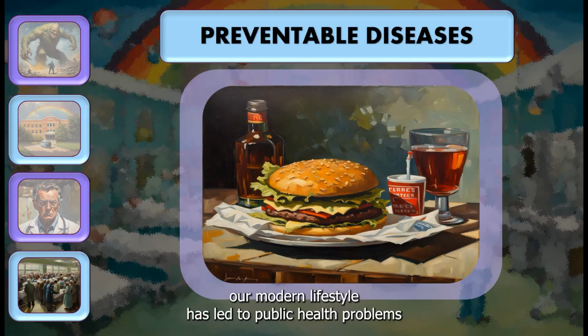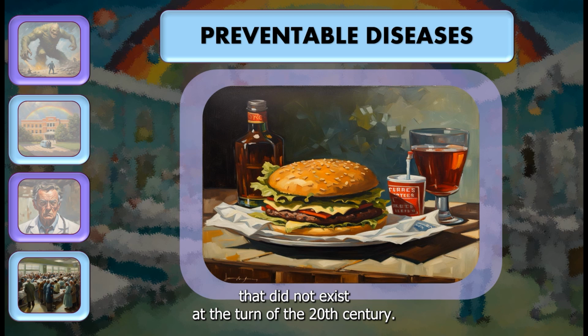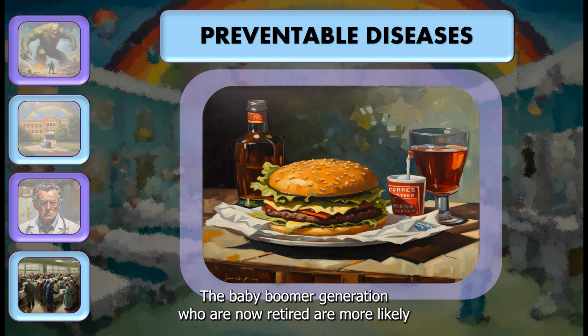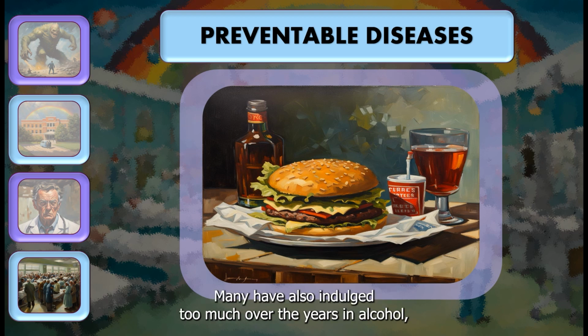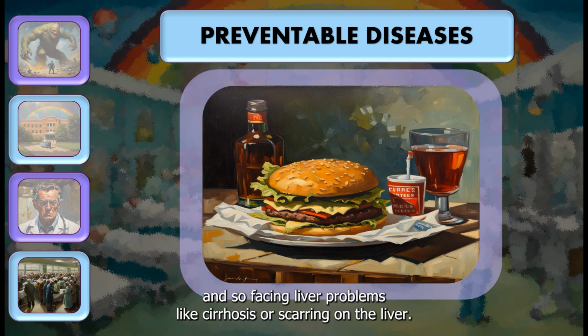Furthermore, our modern lifestyle has led to public health problems that did not exist at the turn of the 20th century. The baby boomer generation, who are now retired, are more likely to have been long-term smokers, and so at higher risk of lung disease. Many have also indulged too much over the years in alcohol, and so are facing liver problems, like cirrhosis or scarring on the liver.